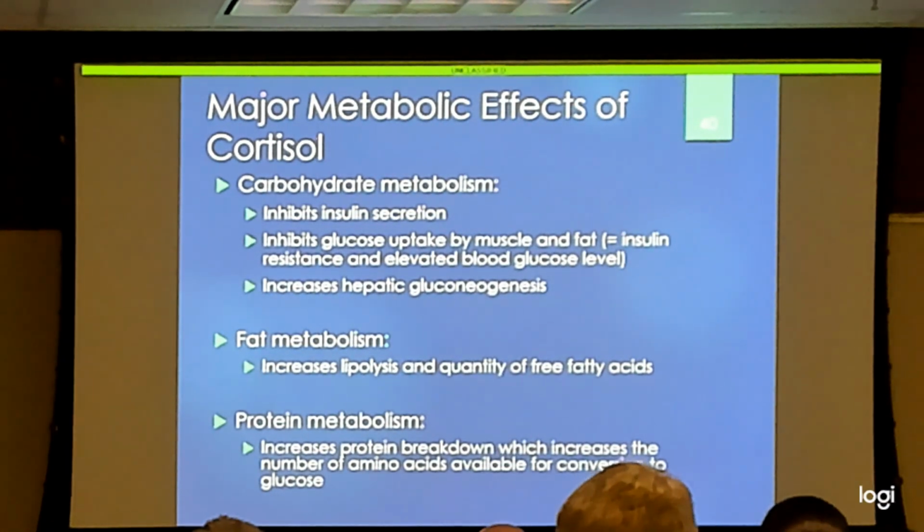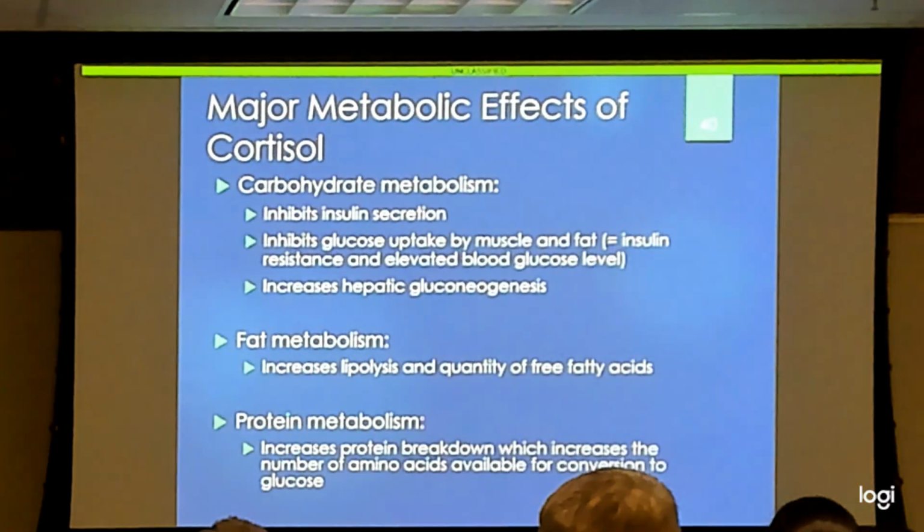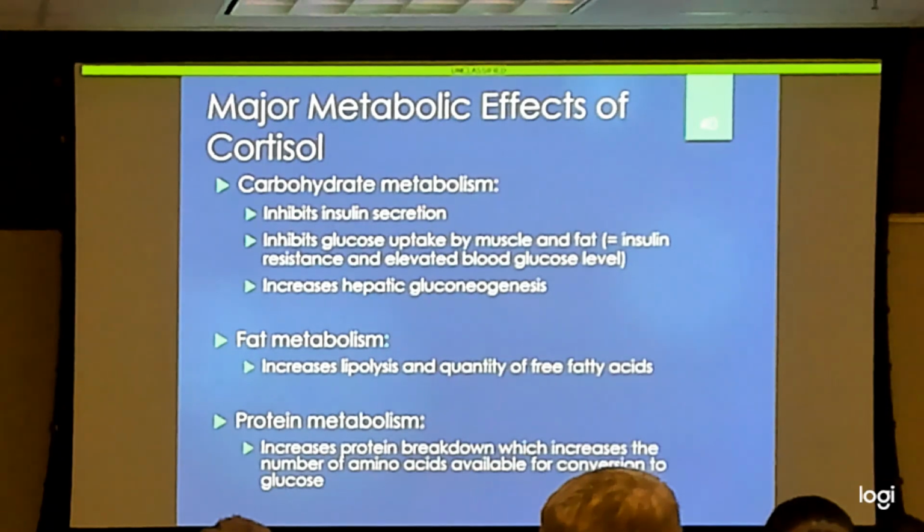Carbohydrates meaning like sugar, that's a huge thing, which is why a lot of your patients who say they have Cushing syndrome are also almost either pre-diabetic or actually outright diabetic because of their increase in obesity. These are all some examples of this. I'm not going to read the whole thing to you, but if you go back and ask why does this happen, go back to this slide and say, okay, this is why this happens in particular.